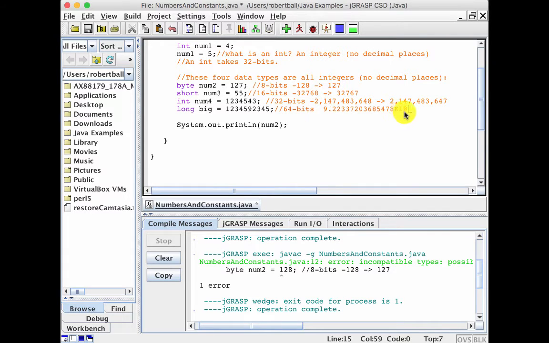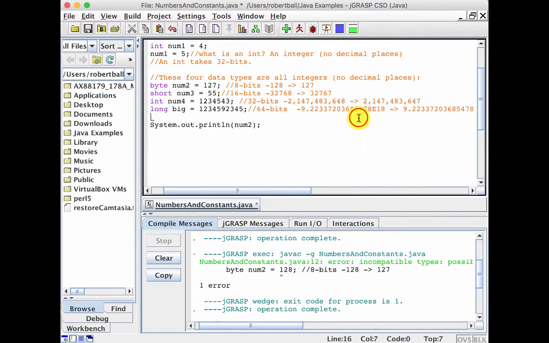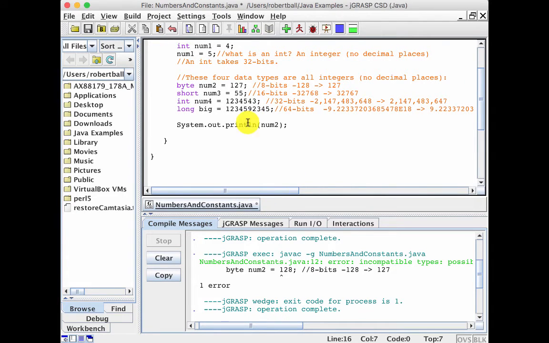And it would be negative all the way to same thing, -1. And the -1 is so that we have a space for the 0. So longs are really big. They're really long. That's the whole point of a long.